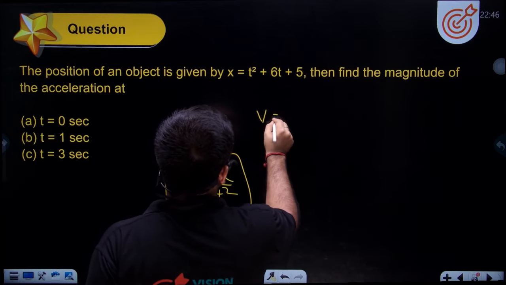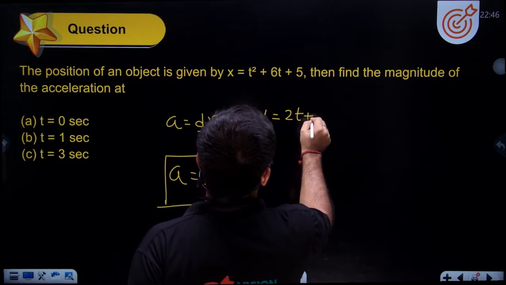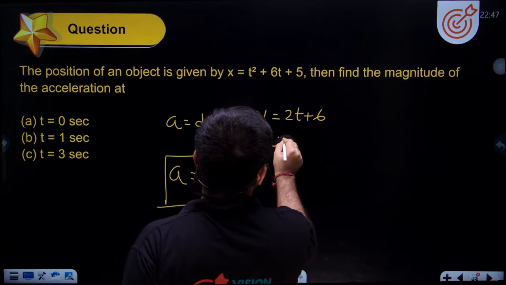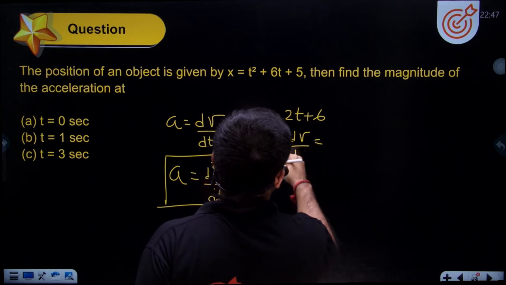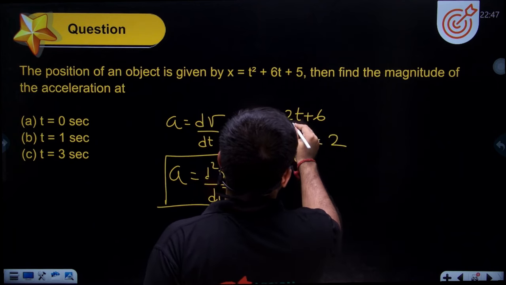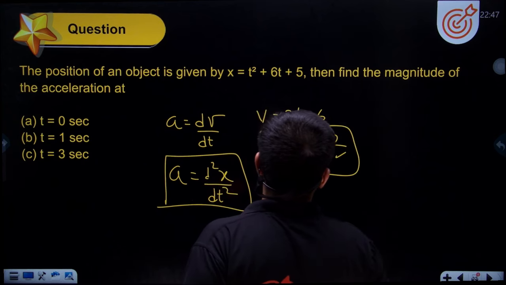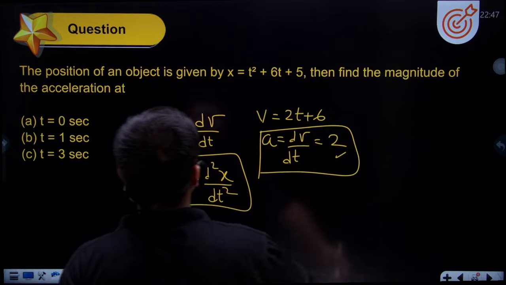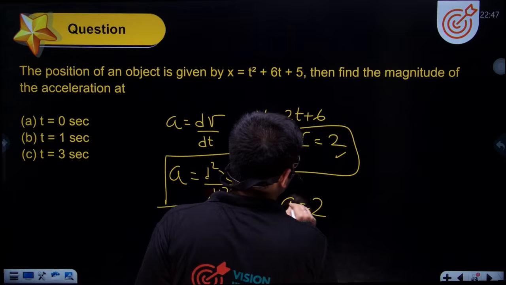So the velocity term, if we differentiate it once, is 2t plus 6. Then the acceleration term is going to be dv/dt, and if we again differentiate it, it is going to be 2, because this 6 is a constant. So you get 2. Acceleration is not a function of time, there is no time involved.